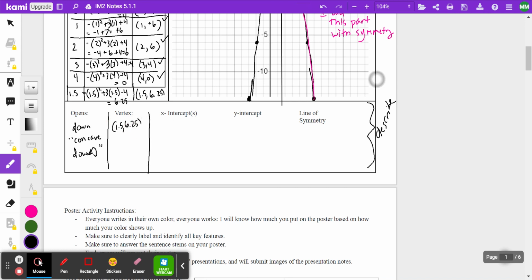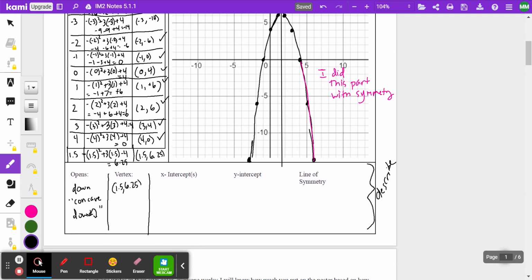The x-intercepts are, based on inspection, located at (-1, 0) and (4, 0).